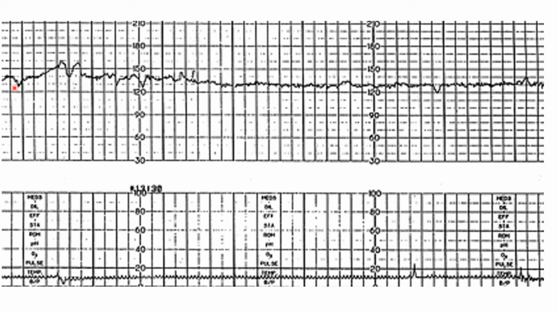So in this recording, the baseline heart rate is 130 to 140 beats per minute, preserved beat to beat, and long-term variability. There are also accelerations which are seen, and in this particular recording, there is no uterine contraction being recorded. So this means that this is probably in the antenatal period.